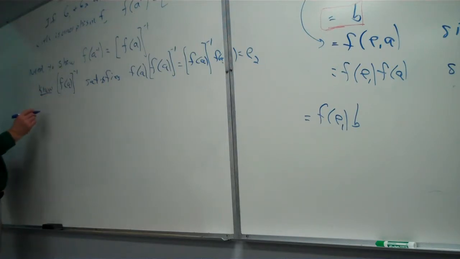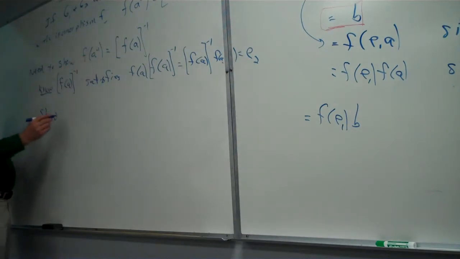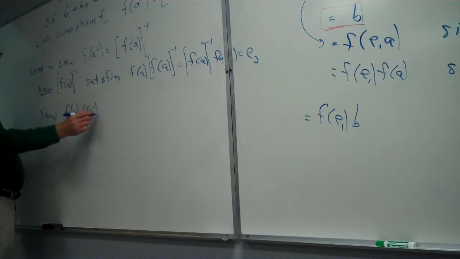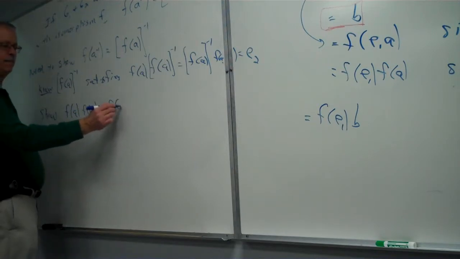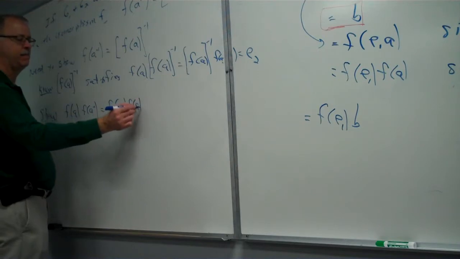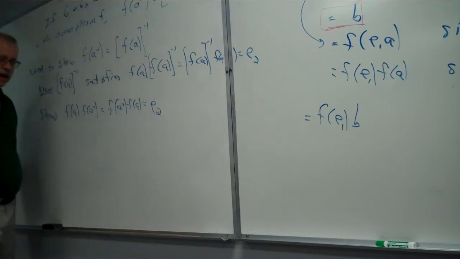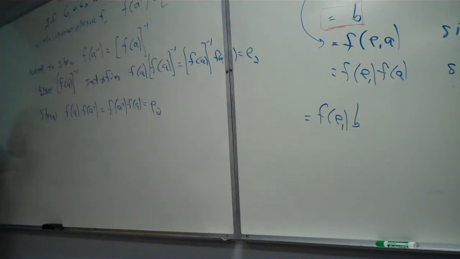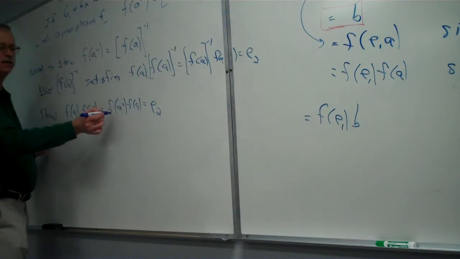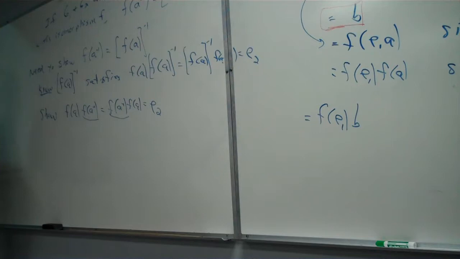So we know that's what it does, and so if we can show that f of a inverse actually equals the identity, then this element is acting like the inverse. It must, in fact, be the inverse.